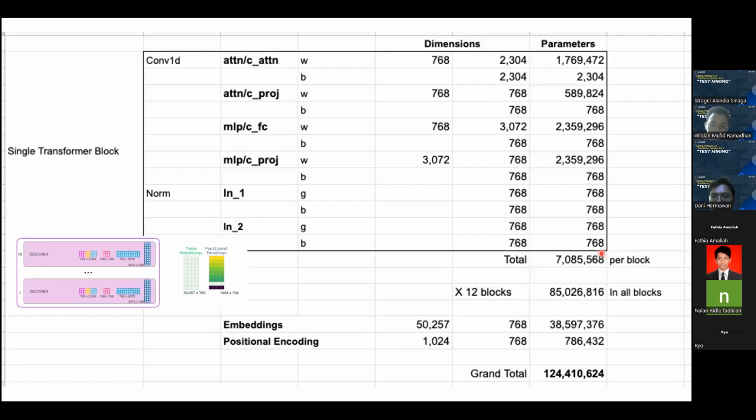In a single transformer layer, there are 7 weight matrices used for different transformations. First is the weight matrix for converting the input into query, key and value, which has 768 multiplied by 768 multiplied by 3.